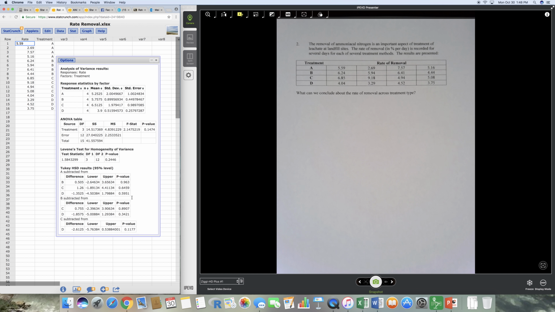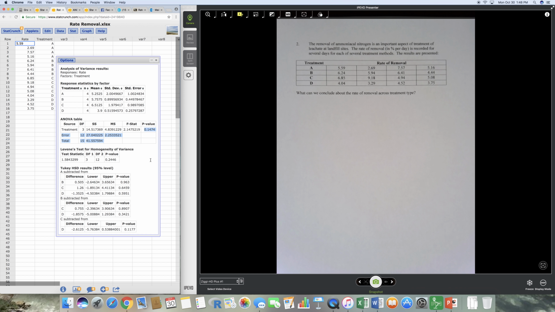First thing I'm going to look at is the equal variance for Levene's, and it turns out, and the reason we probably couldn't reject it, didn't get a p-value less than 0.05, is because we have such a small sample size, only 4 measurements in each treatment. But nevertheless, we can assume equal variances because the p-value is not less than 0.05. However, when we go to our p-value here for the ANOVA, we see that our p-value is greater than 0.05, so we can't assume any statistical significance.